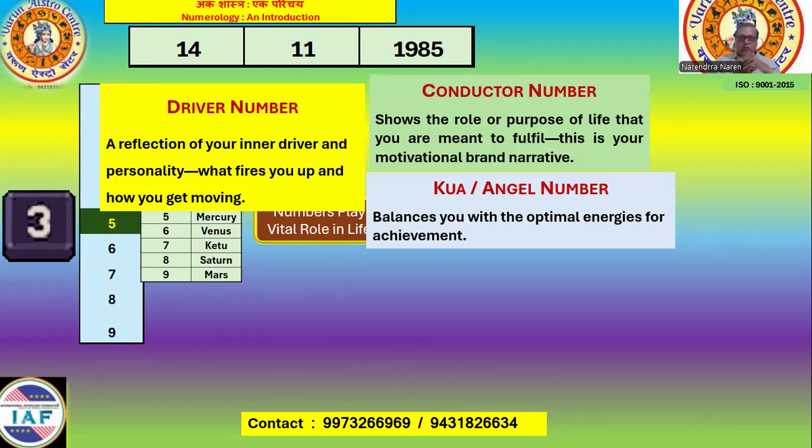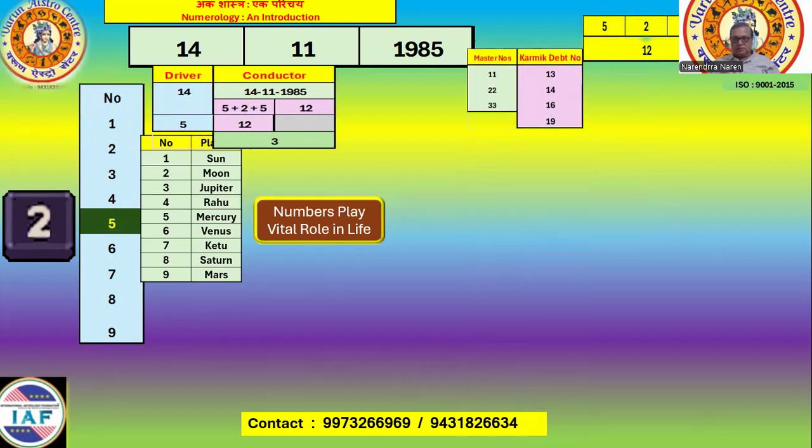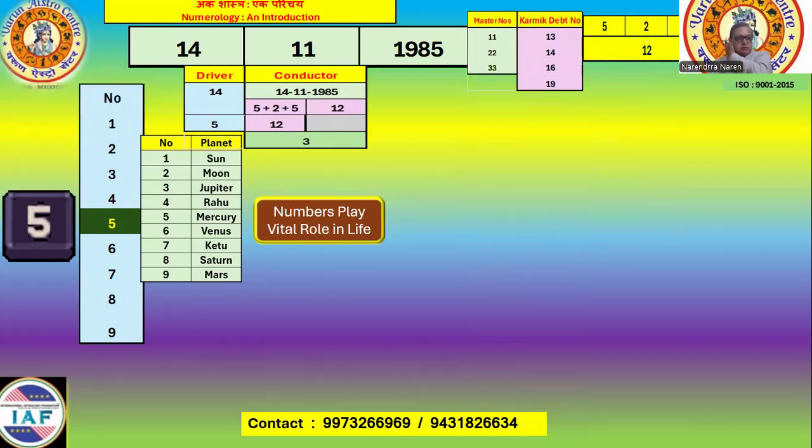And you will be surprised how a name can be numbered. Yes, name can be numbered, but how? See, in alphabets, all the alphabets carry numerical values. So just a second.